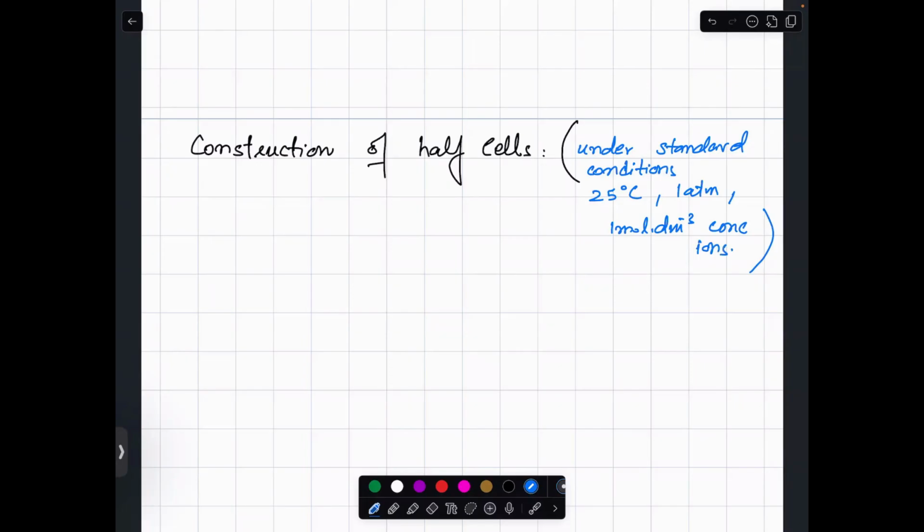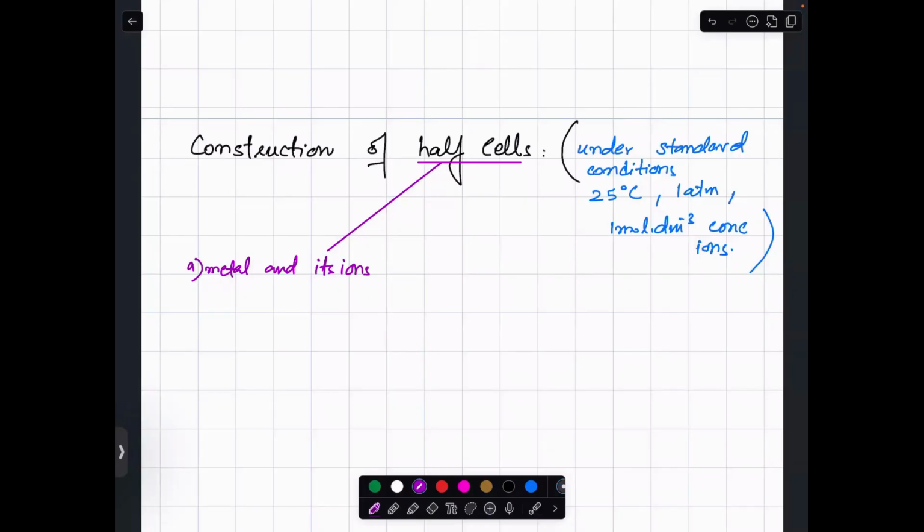Now, when we construct the half cells, we say that half cells are of 3 types. How are they of 3 types? Look, first, metal and its ions.